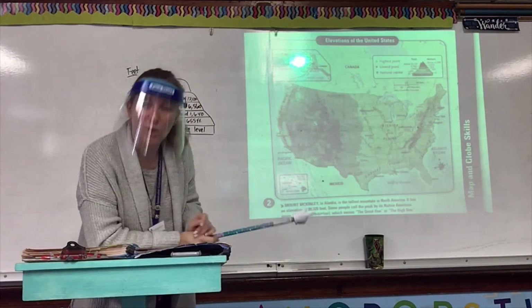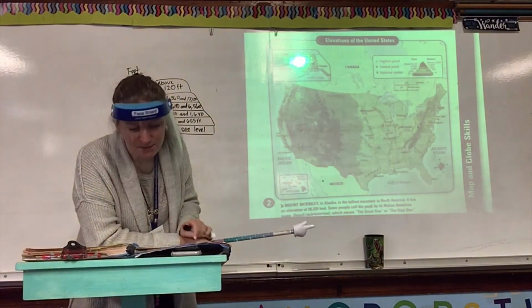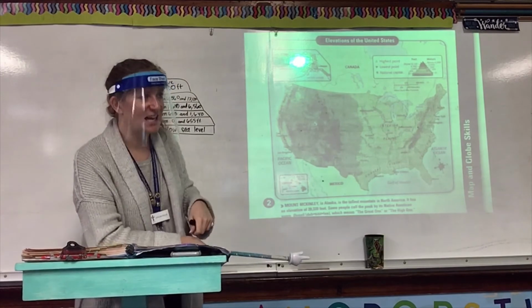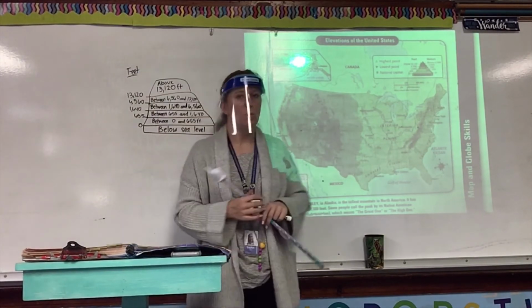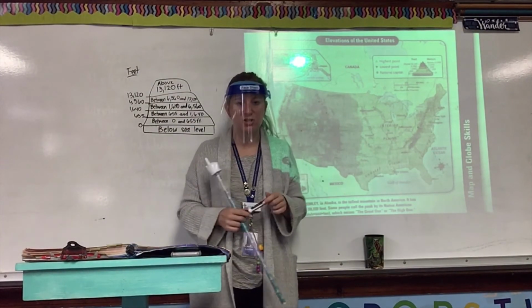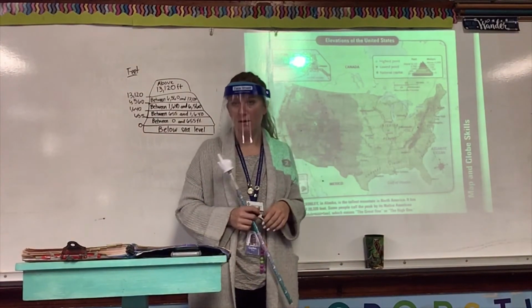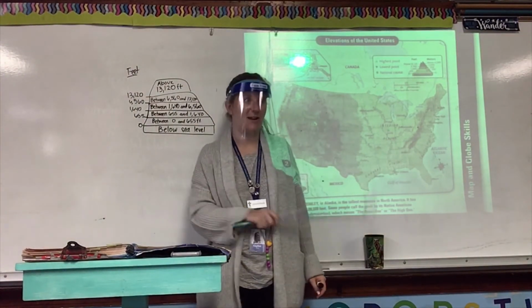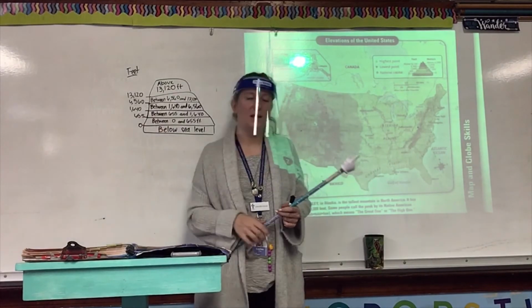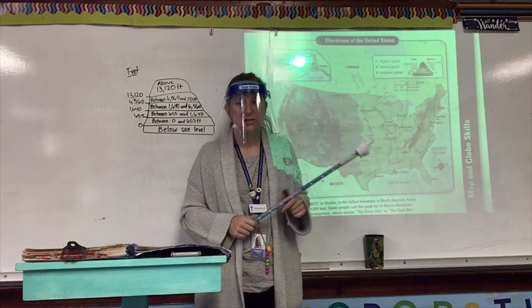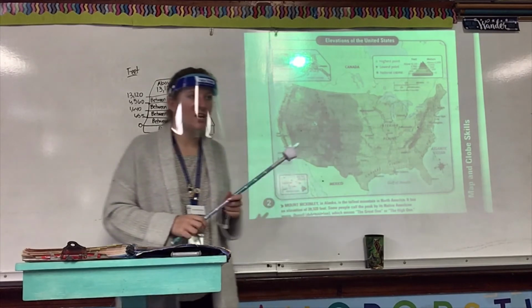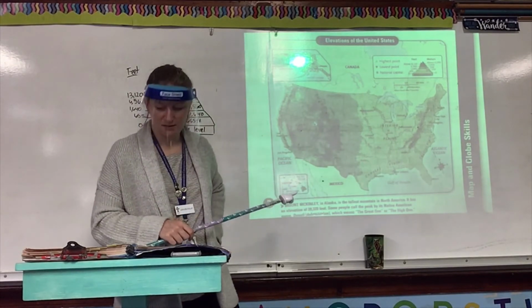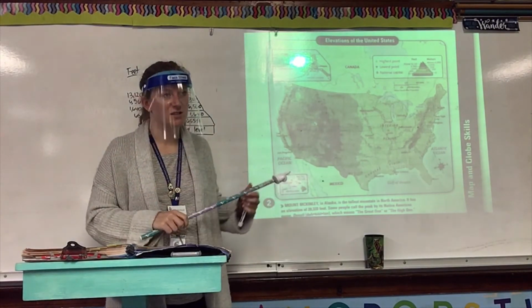Okay, number 2. What is the elevation of Kansas City, Missouri? So find Kansas City, Missouri. Once you've found it, put your thumb up. Once you know your states and where they are, this will be like, oh, I got that. Michaela, what's the elevation of Kansas City, Missouri? What color is it first? Yellow.